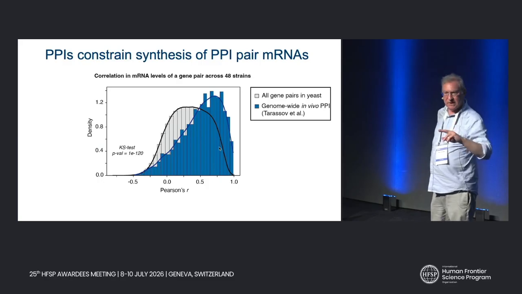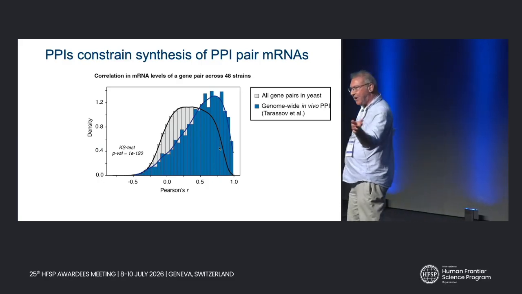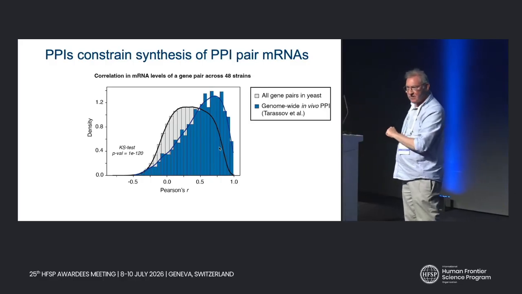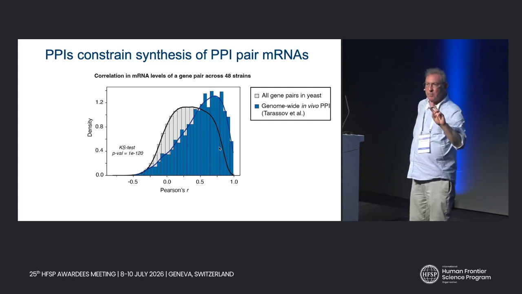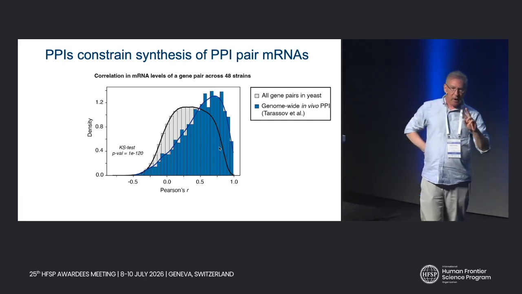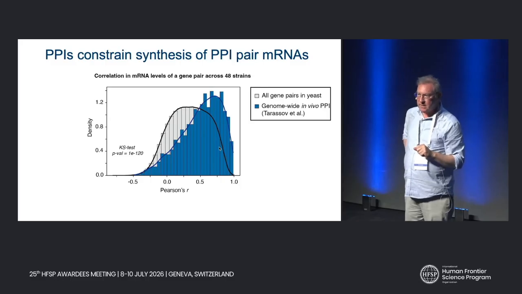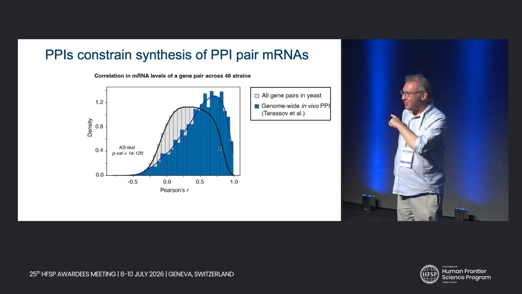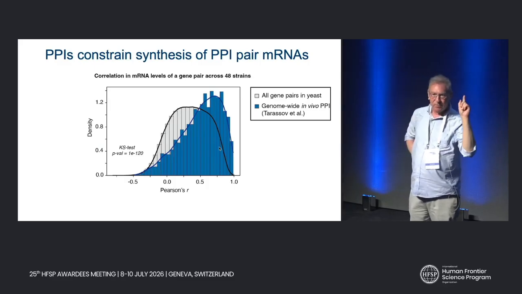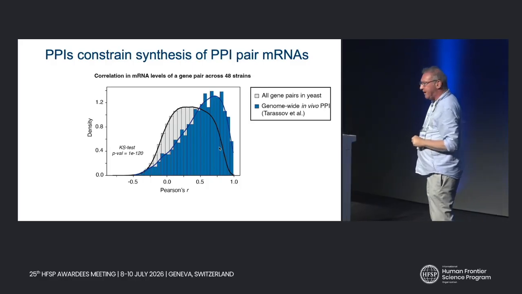We either looked at random pairwise correlations between RNA across these different strains as measured by RNA-seq, or pairwise RNAs coding for proteins that interact with each other. So you can probably already guess which distribution is which. The gray distribution is the one for random, and the blue distribution is the one for protein-protein interaction pairs.